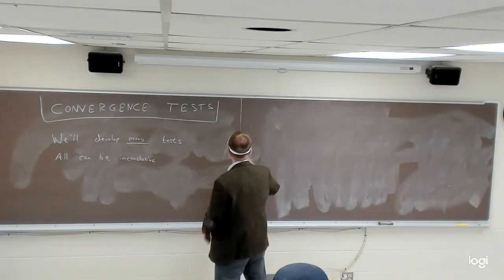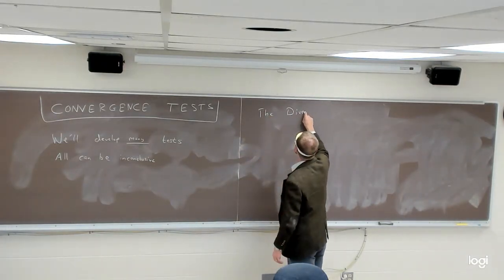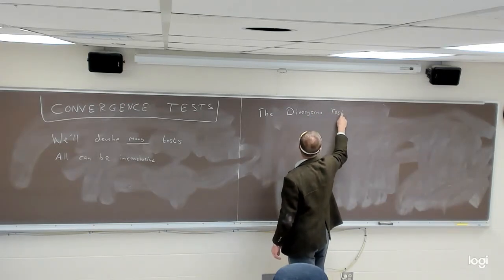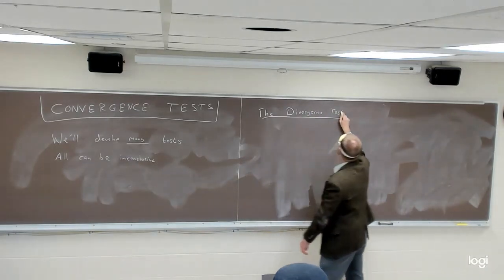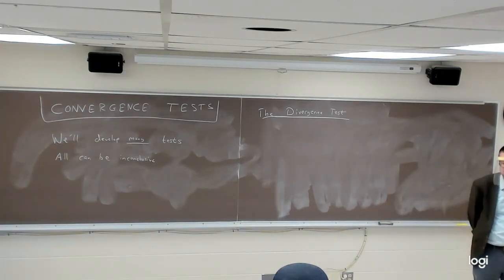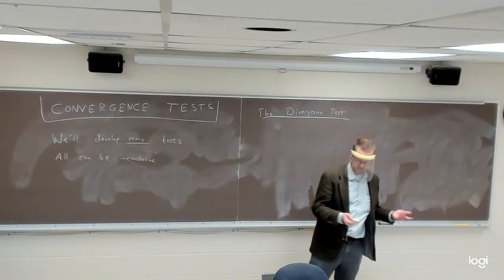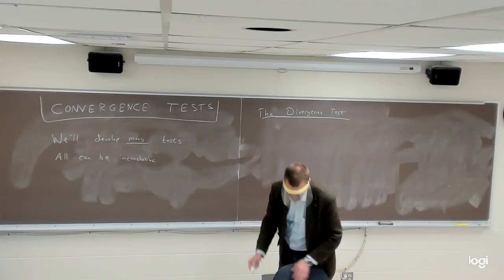All right. The first test is named the divergence test, and that's a hint for what it can and can't tell you. This test will never prove to you that anything converges, but it can prove to you that something diverges. Hence, it's called the divergence test. And the statement is just you look at whether the terms go to 0.